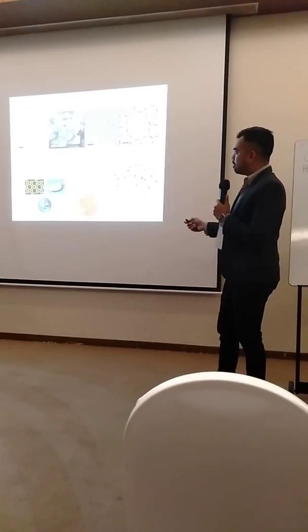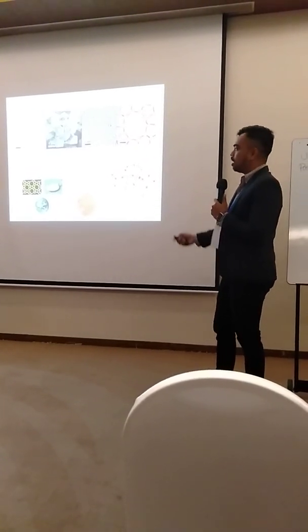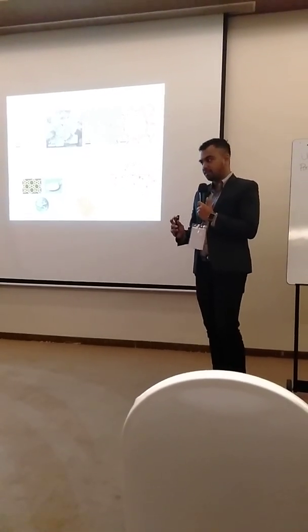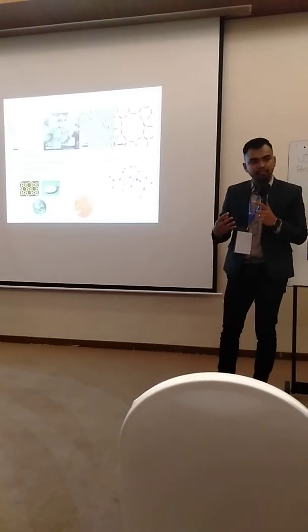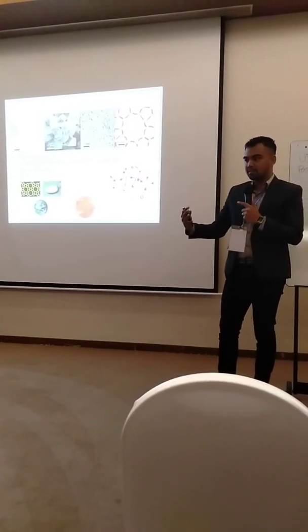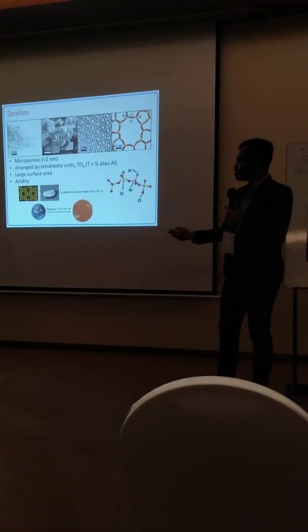All zeolites are microporous, which has pores less than 2 nanometers. It is arranged by tetrahedral units, TO4, where T is silicon or aluminum. It has a large surface area.